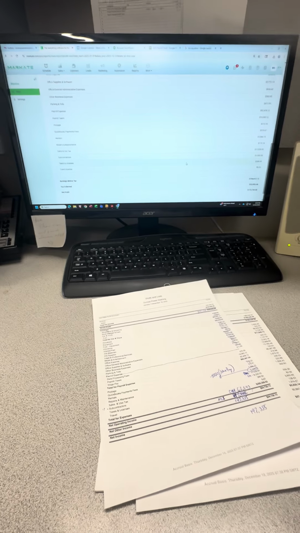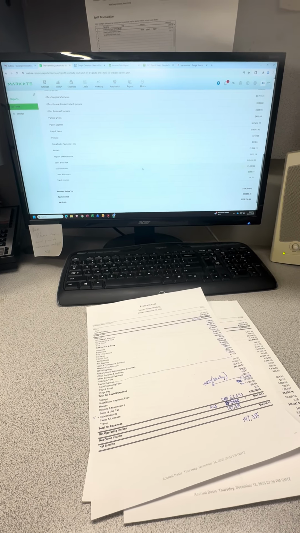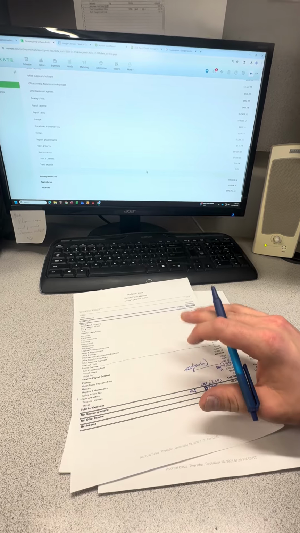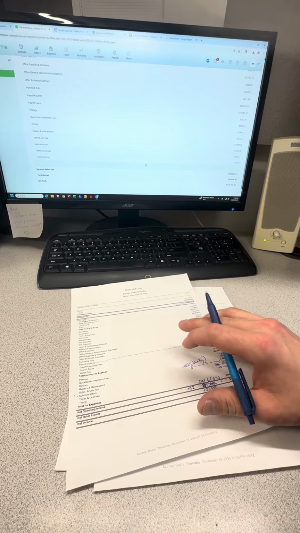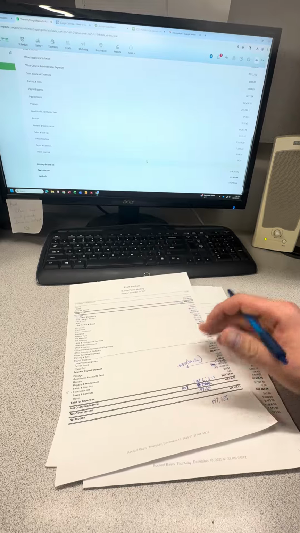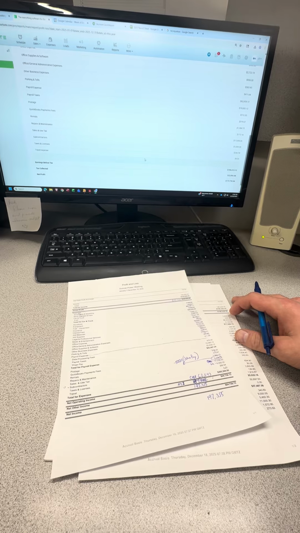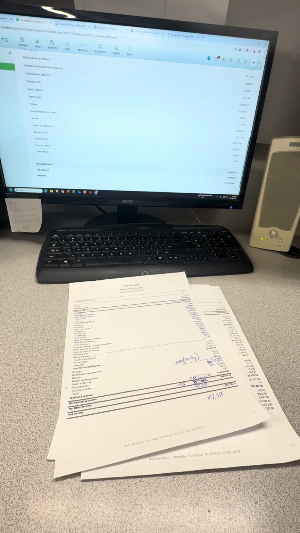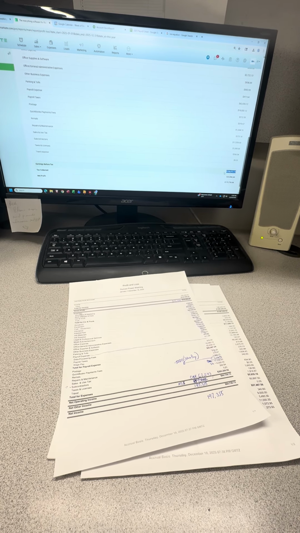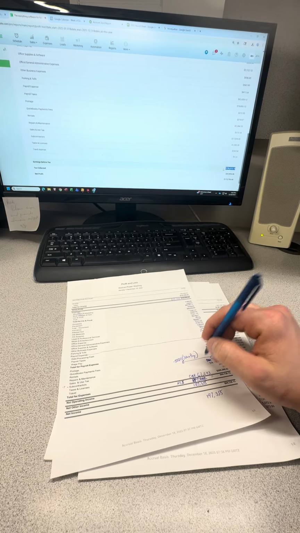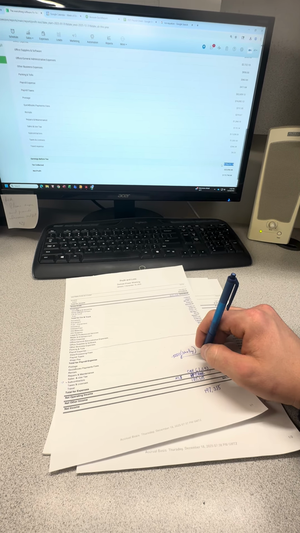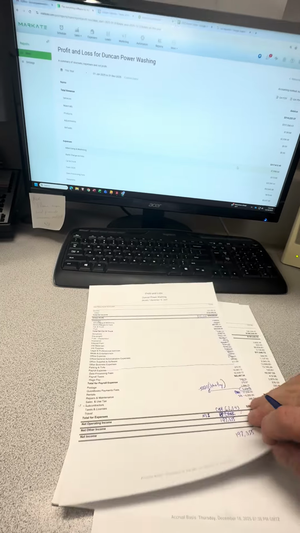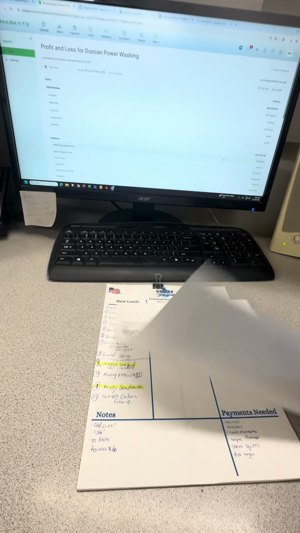So technically my expenses on Marquette are going to be less than what I'm showing on QuickBooks, because I can't really change QuickBooks, because it's through the PNC Bank. So that's a better way to get a more accurate NOI as opposed to using this. And I think that's pretty much all I needed to explain.